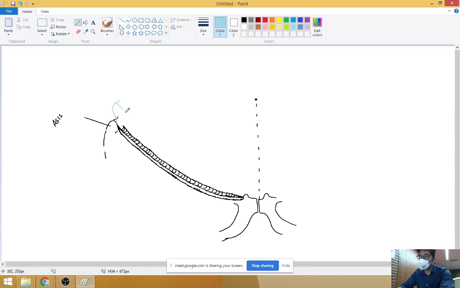So the external oblique muscle is the outermost.